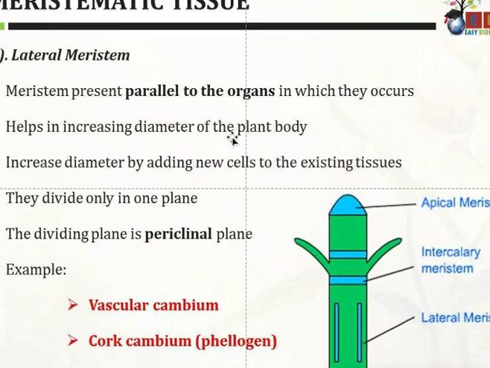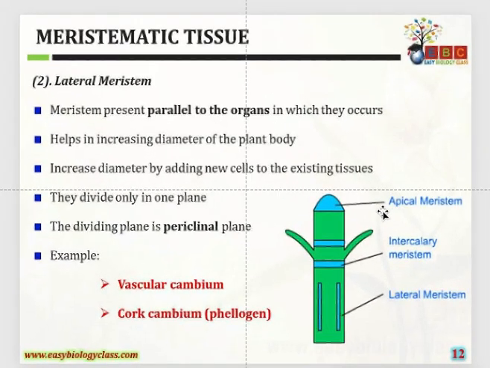In this picture, ignore these notes for just a moment. I just want you to concentrate on this picture. Do you see this blue region at the tip? This is called the apical meristem. Why? Because the apical meristem is found only at the tips of the plant, for example, the shoot.